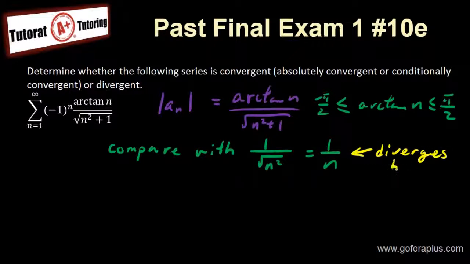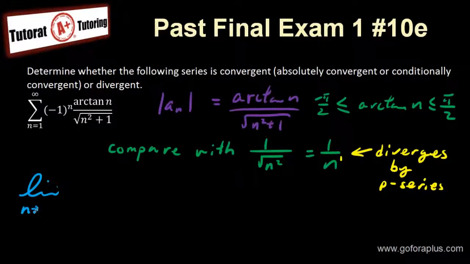It diverges by the p-series, because this is power 1. So if my limit comparison test gives me a valid number, that means my series here is also diverging. So let's see.